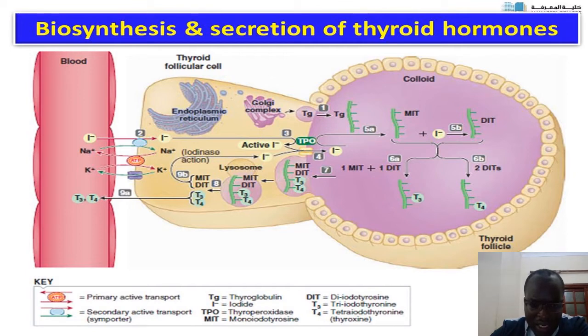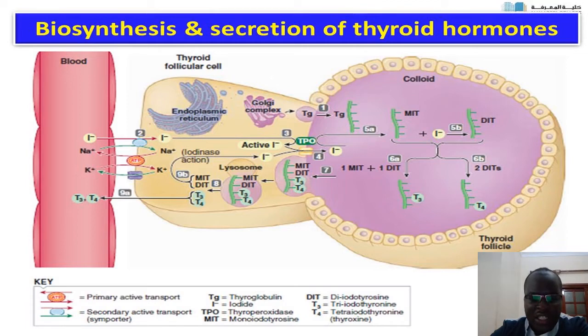So you can see the release of triiodothyronine and tetraiodothyronine. That will be exocytosed again into the circulation, so it will be transported by the blood vessels to the target cells. And then the complex still contains the monoiodotyrosine and the diiodotyrosine. So the monoiodotyrosine and the diiodotyrosine will undergo the iodination reaction.